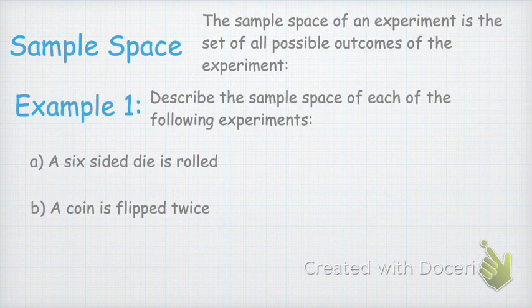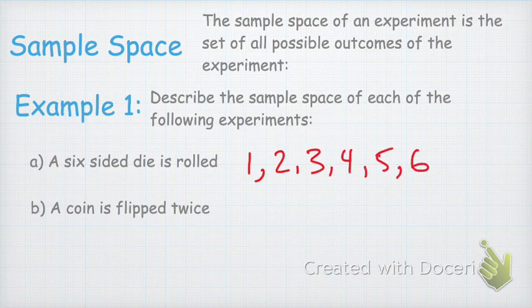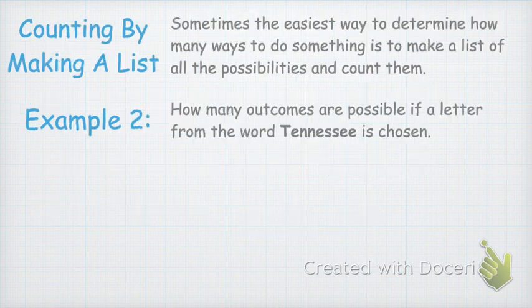So a normal six-sided dice has six outcomes, right? 1, 2, 3, 4, 5, or 6. That's what we would call the sample space. If we were to take a coin and flip it, most coins have two sides, and there's a sample space of either heads or tails. So anyway, that's what sample spaces are.